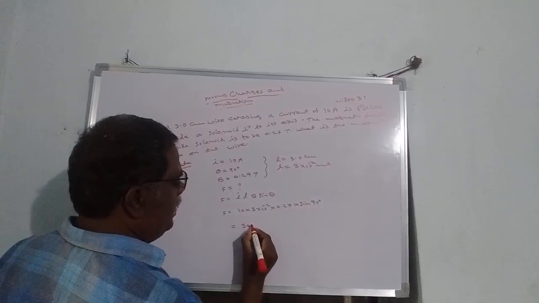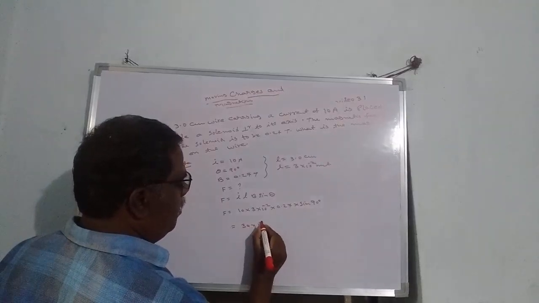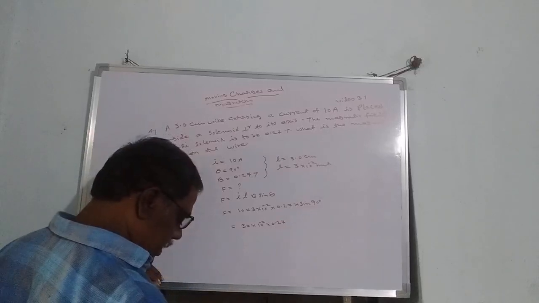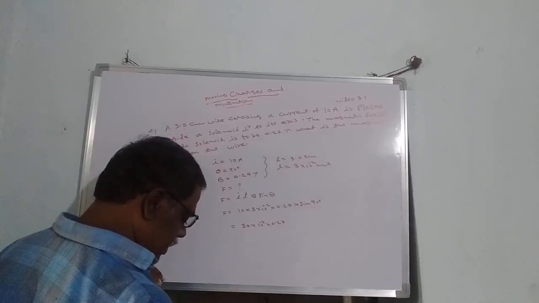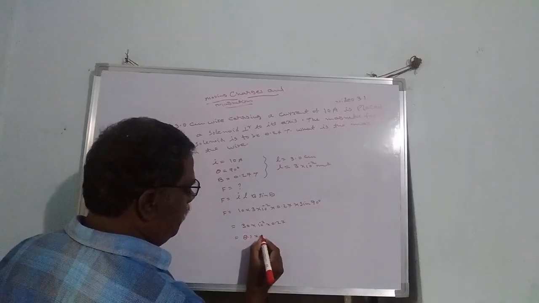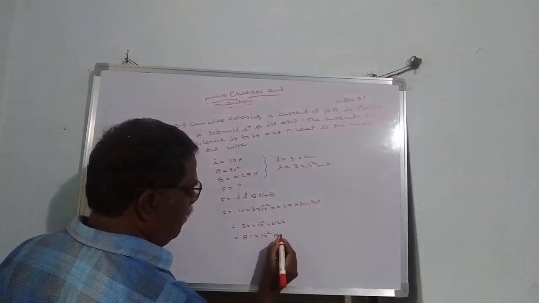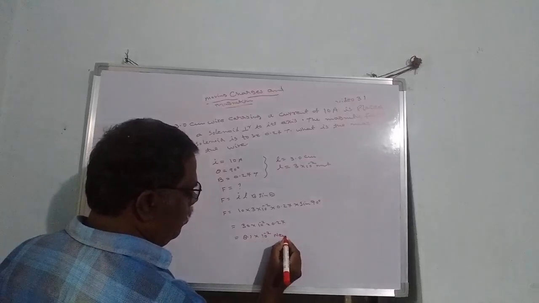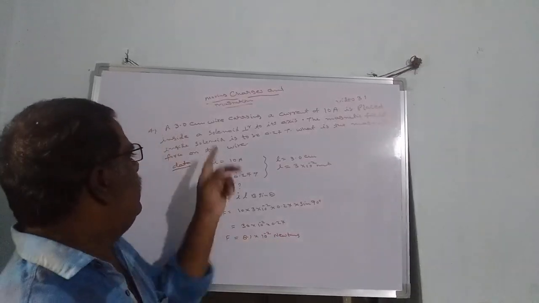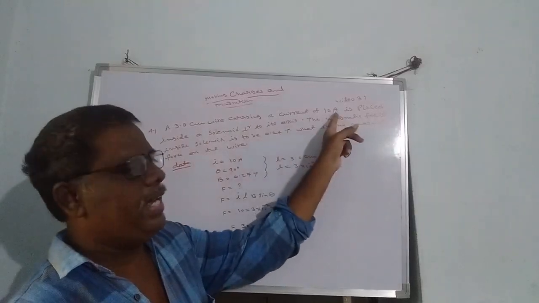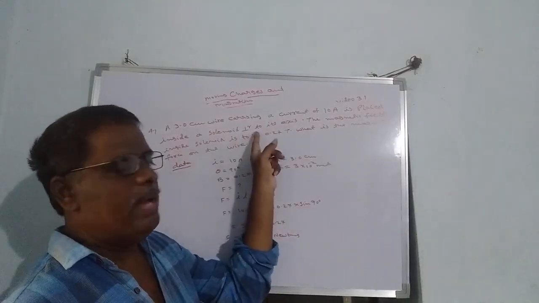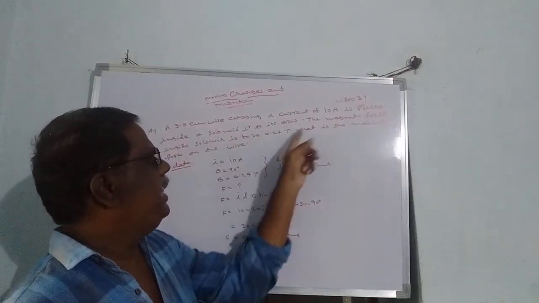Then the value will be 30 into 10 power minus 2 into 0.27. So what is the final answer? We get 8.1 into 10 power minus 2. Here we calculated force, and force unit is always Newtons. So once again, a 3.0 centimeter wire carrying current 10 amps, that means I is equal to 10, placed inside the solenoid perpendicular, so theta is 90 degrees.